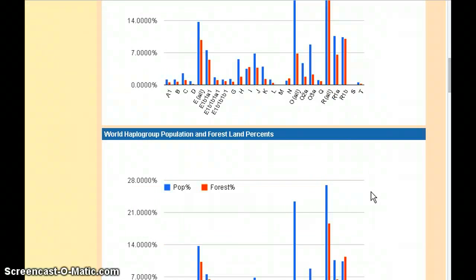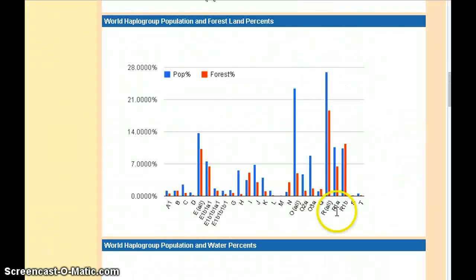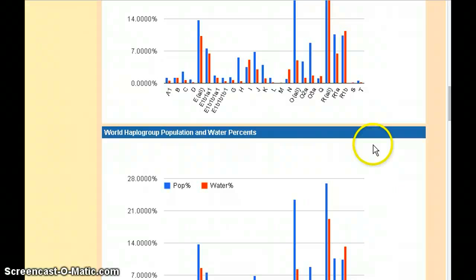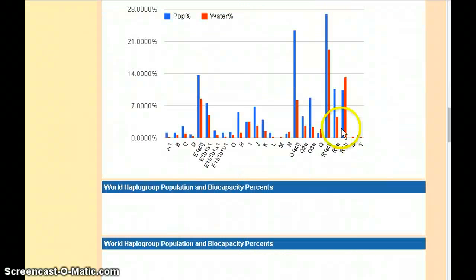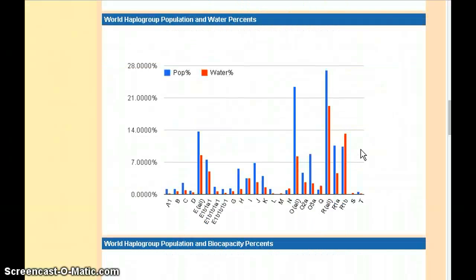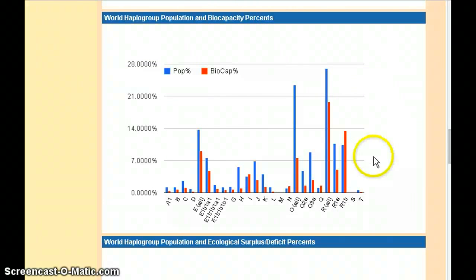These charts then show the same haplogroup distribution of various forms of natural capital: forest percentage, water percentages, biocapacity percentages.